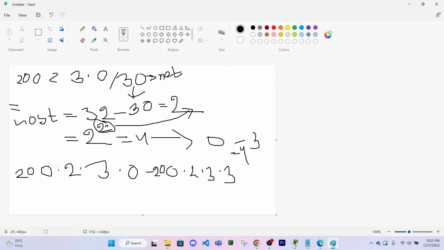So the range will be 200.2.3.0 to 200.2.3.3.